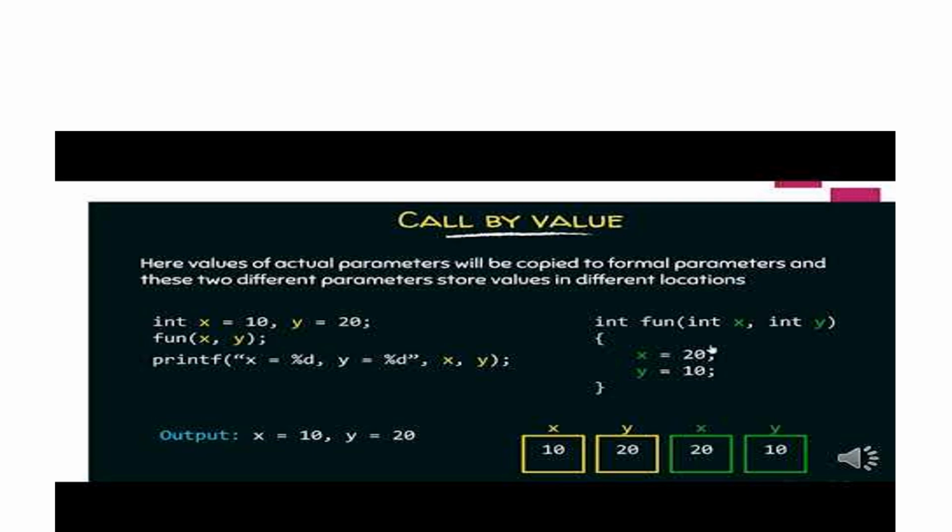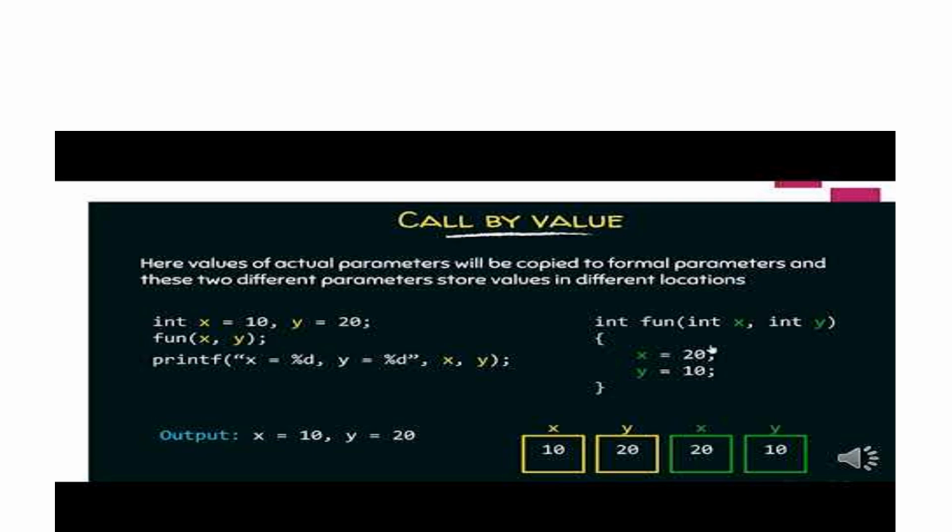Here the function call with x comma y passes actual parameters to the function. These will be the formal parameters. So the x and y actual parameters are copied to the formal parameters.